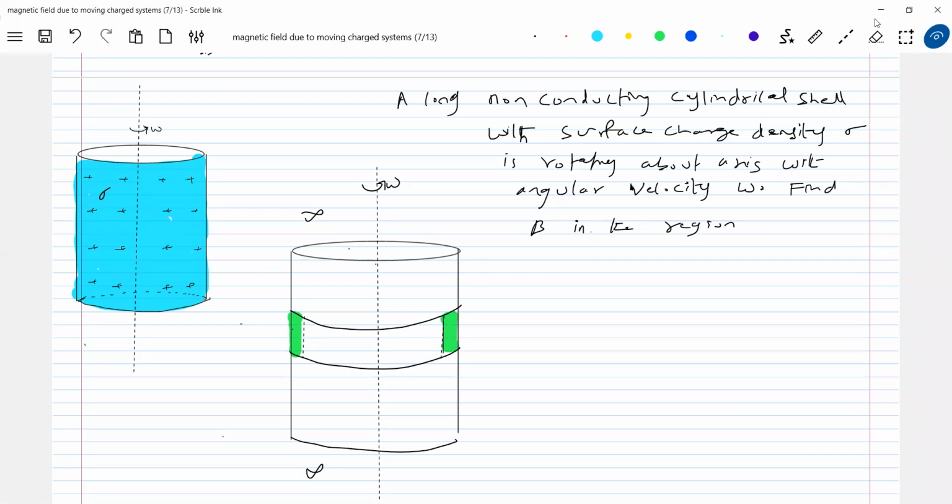Able to get this? So it is as good as a moving current carrying sheet. Actually the charge is rotating. Positive charge out of the plane means, on this edge, it is equivalent to current coming out of the plane, and here positive charge into the plane is equivalent to current into the plane.